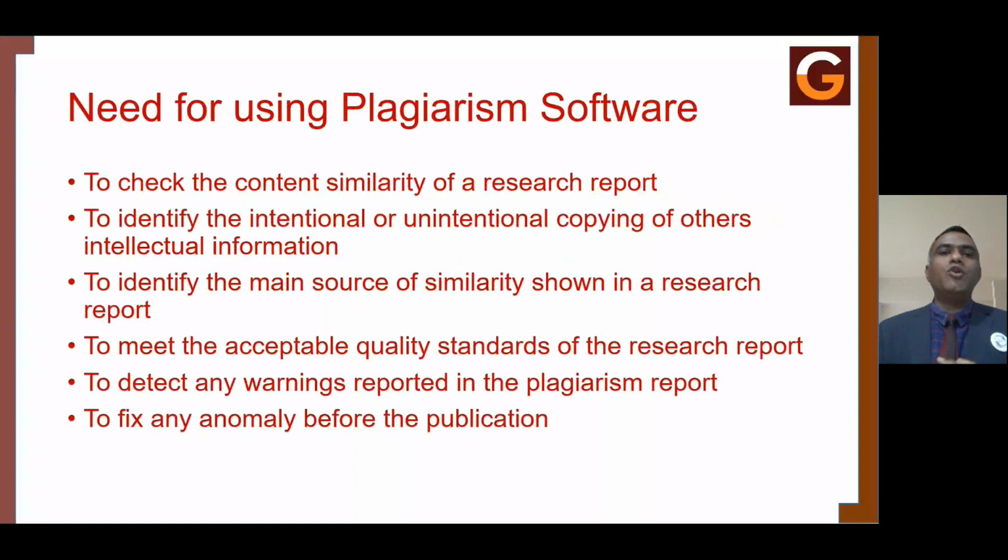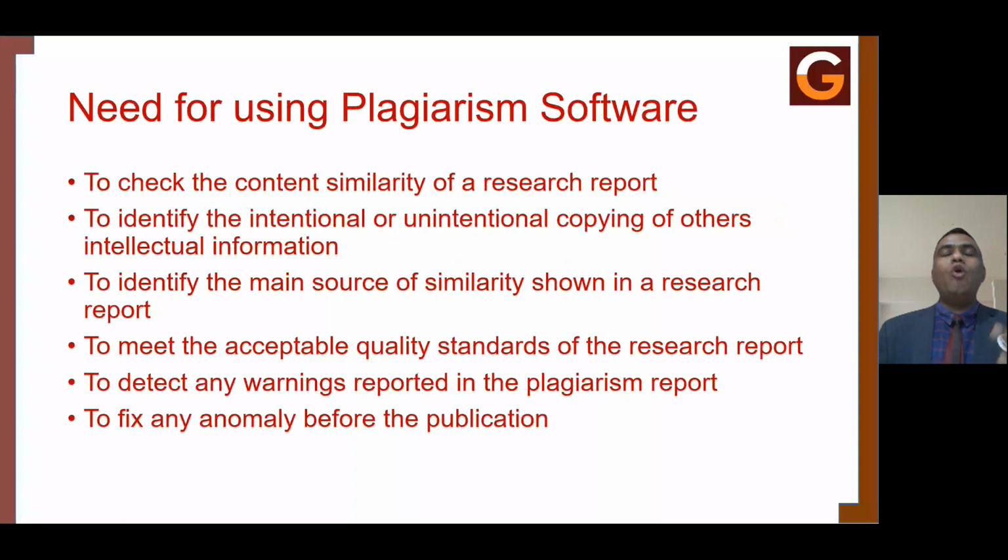The third need for using the plagiarism software is to identify the main source of similarity shown in a research report. When you input your research report in a plagiarism software, it will show you the level of similarity, the percentage of similarity between the information in your research report and what is in the secondary sources.